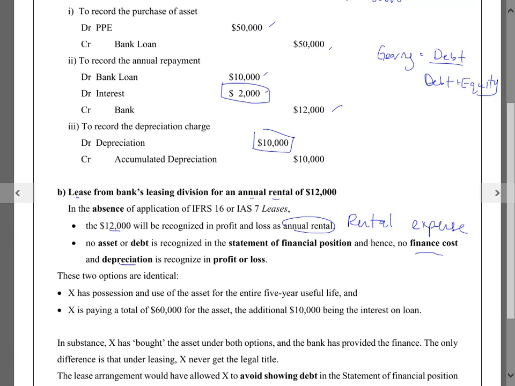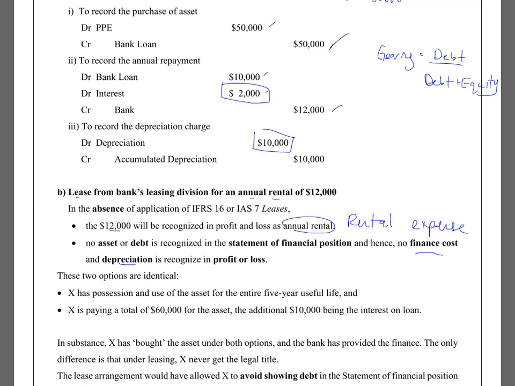But most importantly, here I have a liability of 50, and here I do not. Which arrangement will help improve your gearing or your ratios? Leasing, B. Expenses are the same, but most importantly I do not recognize the liability.